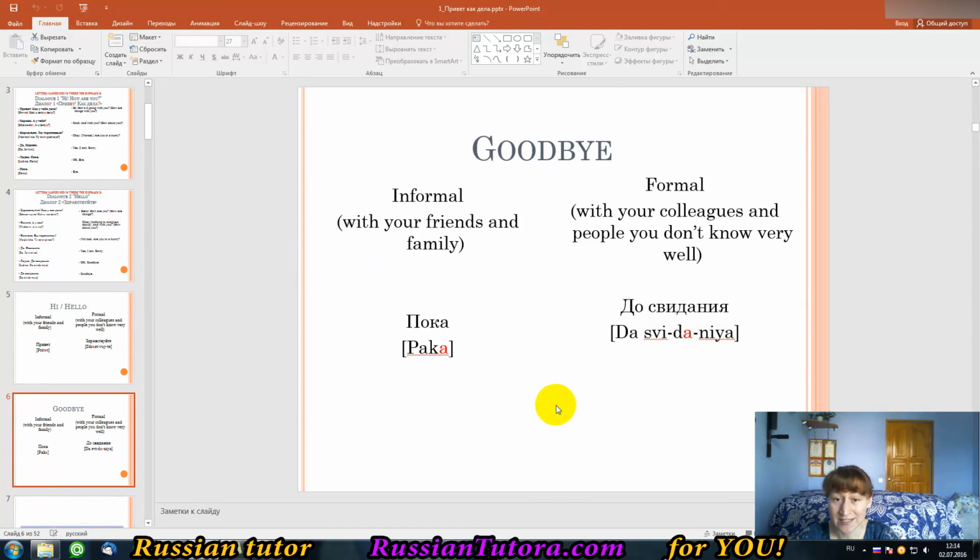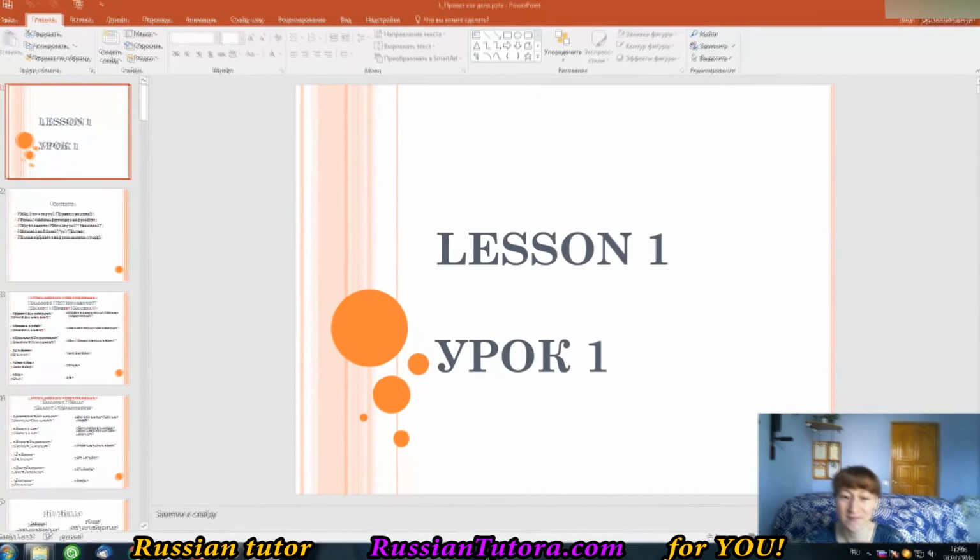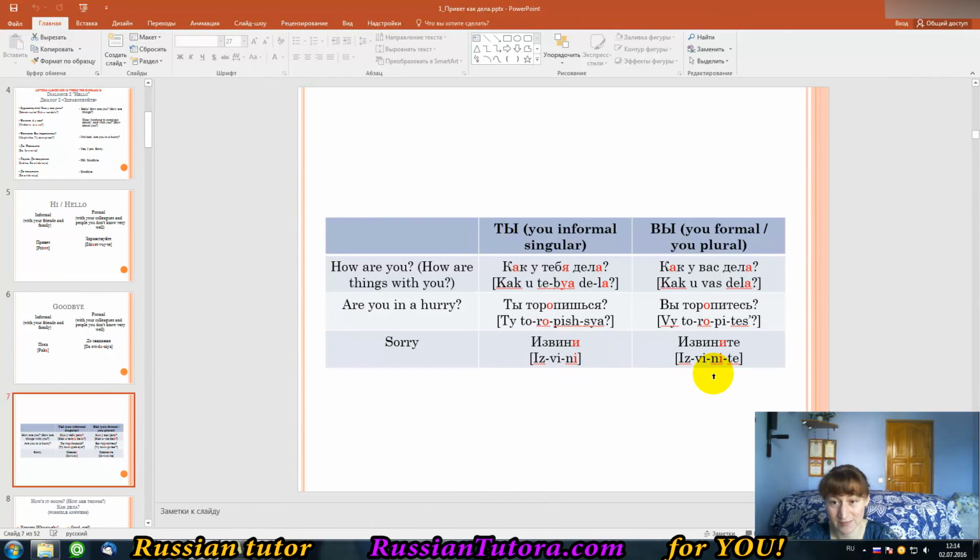The same applies to goodbyes, the formal goodbye. До свидания. And the informal one, пока. Very short.